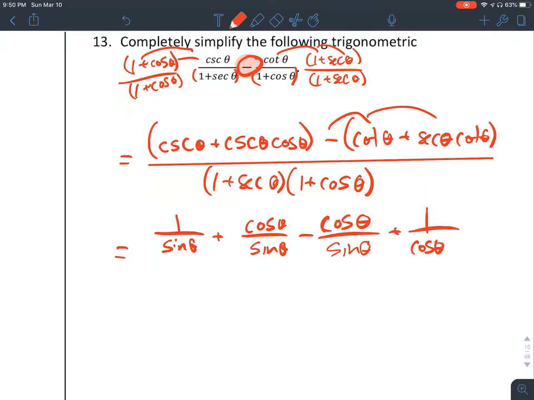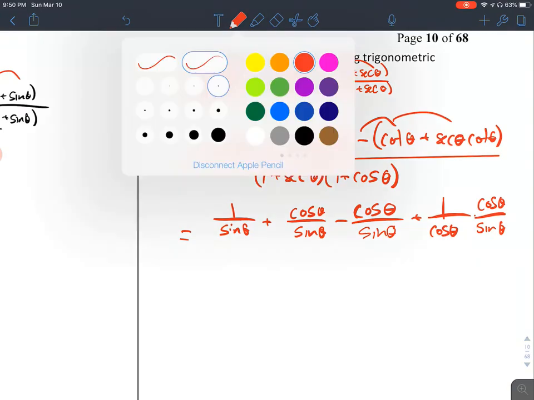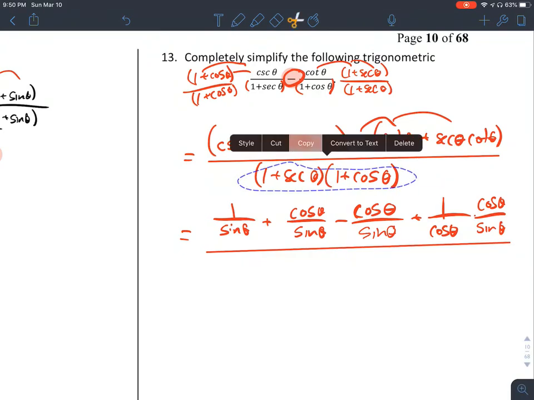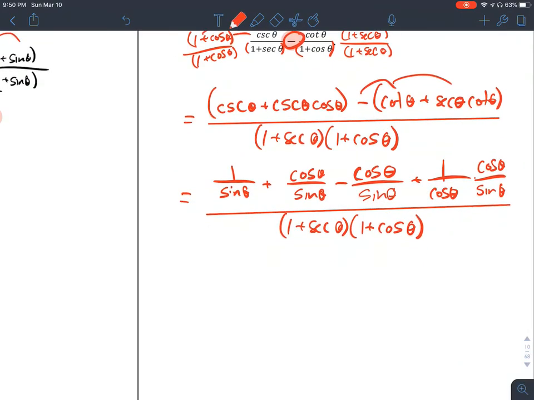Plus 1 over cosine of theta times cosine of theta sine of theta. Awesome. And then let's not forget about my denominator, which at this point, I'm not sure if I need to change or not. I'm just going to leave it and see what happens. I might have to change it. Now, in this last term, these cosines cancel.